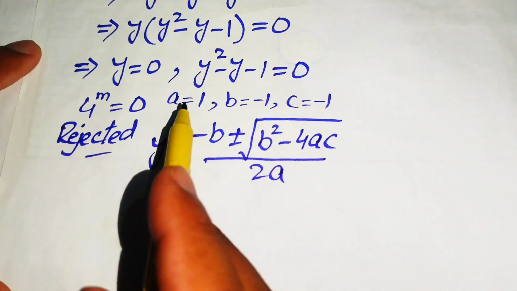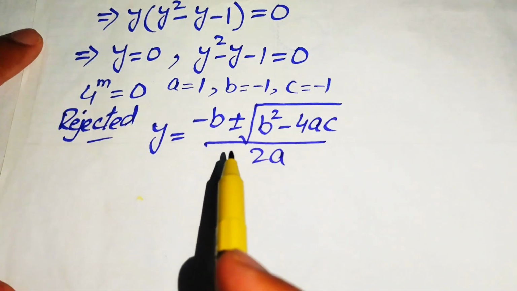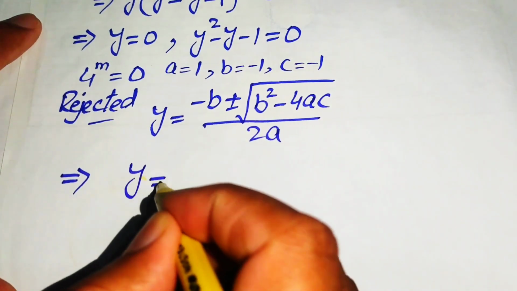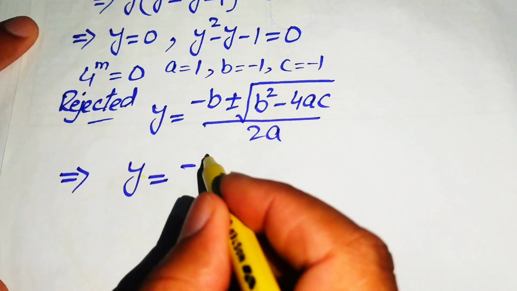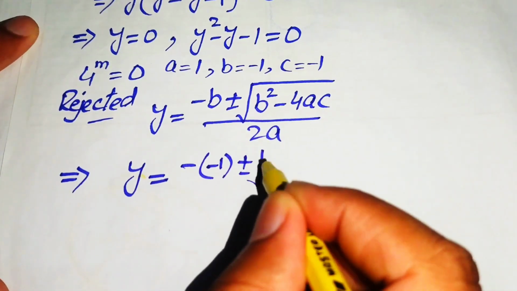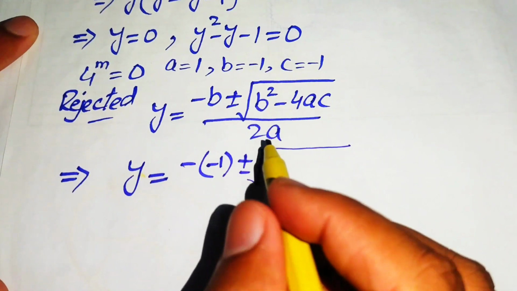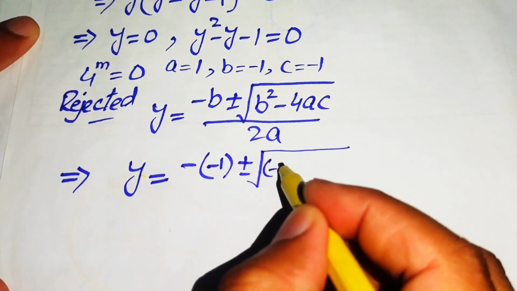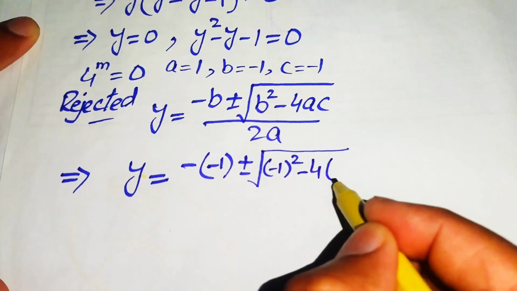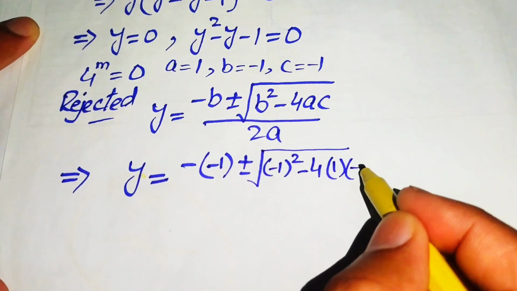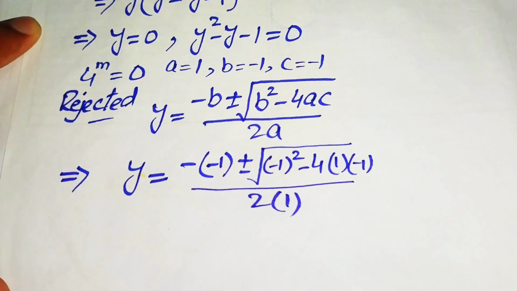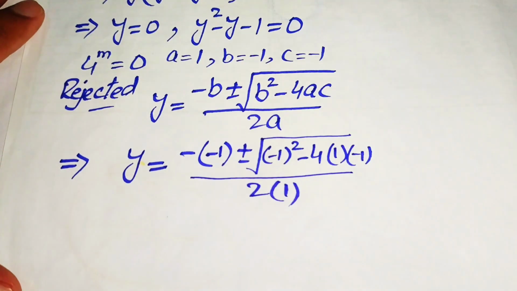So here we substitute all these three values in this formula, and we write y equals minus b, where the value of b is minus 1, plus minus square root of b squared, so minus 1 squared, minus 4 times a, which is 1, and c, which is minus 1, and this whole divided by 2 times a, and our a is 1.